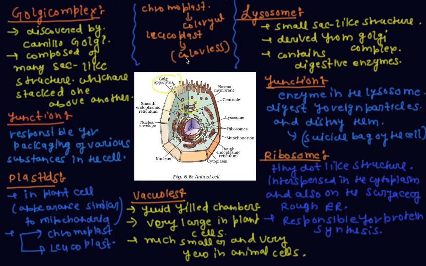And chloroplast is green in color and is found in the green parts of the plants. Plastids too have their own DNA and ribosomes.